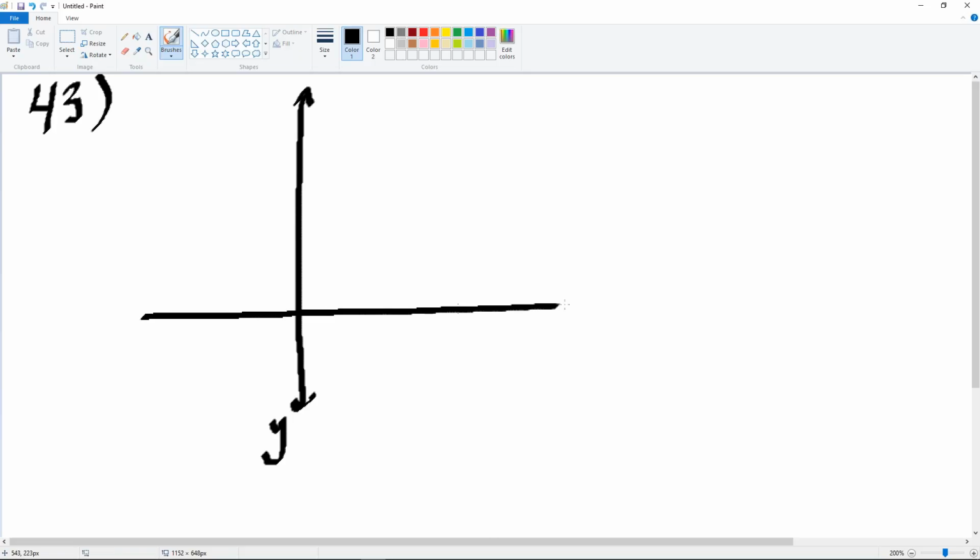So kind of like your x-axis. So here's my x-axis. And through the point 4, 7. Let me graph 4, 7. 1, 2, 3, 4. 1, 2, 3, 4, 5, 6, 7.